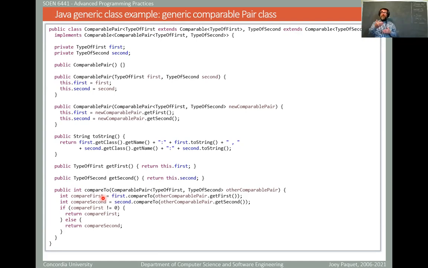If the first one is higher than the parameter, then it's going to be a positive number. Okay. What I do is I check if the result of comparing the first is not equal to 0, then you return compare first. And if not, then you return compare second.